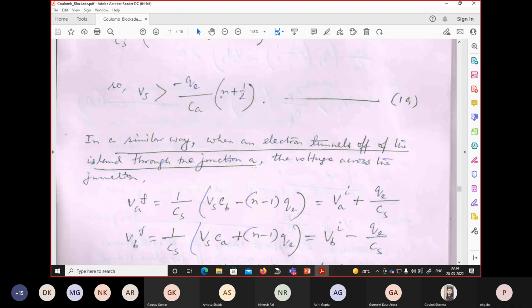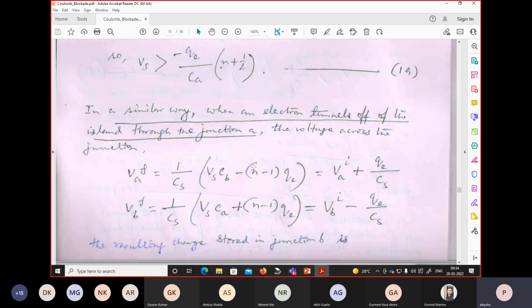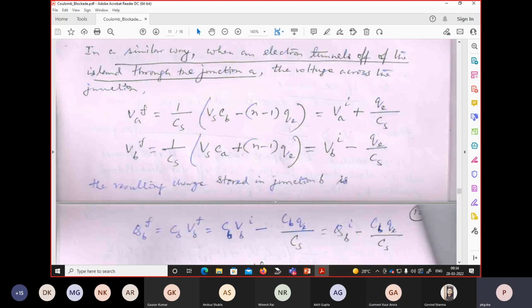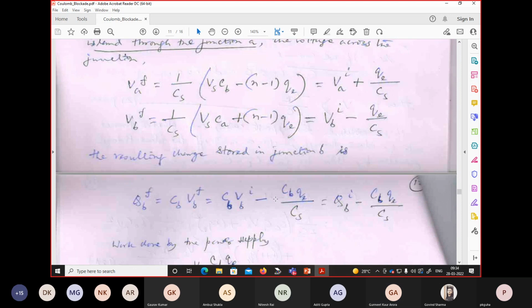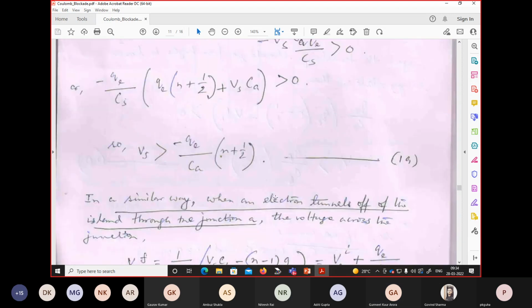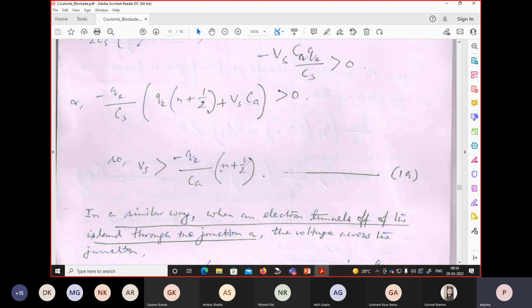So N plus QE over 2. This mistake followed through all this calculation, right? Yes, sir. So this Q will be inside here.